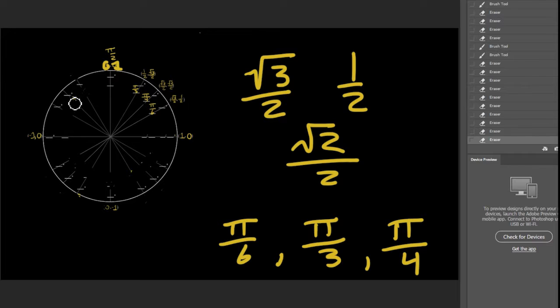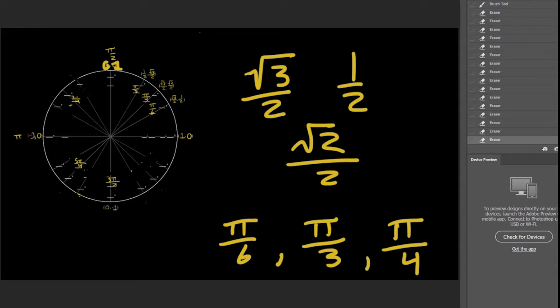Then you get to the next one, that's 3 pi over 4, and then you go down. That would be pi. So one semicircle is 1 pi. And then you get to the next one, 5 pi over 4. Then the next one is 6 pi over 4, which simplifies to 3 pi over 2, which is like 1.5 pi.